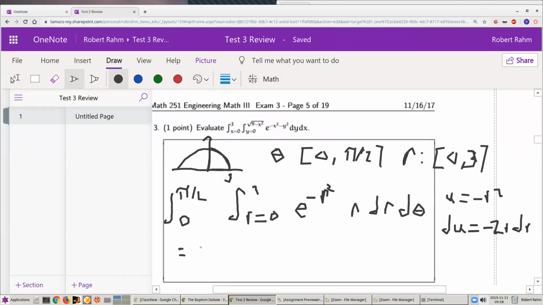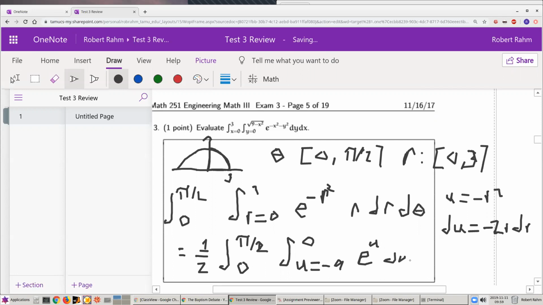And so writing everything in terms of u, this is 1/2, integral from 0 to pi over 2, then u equals minus 9 to 0, e to the u du d theta.